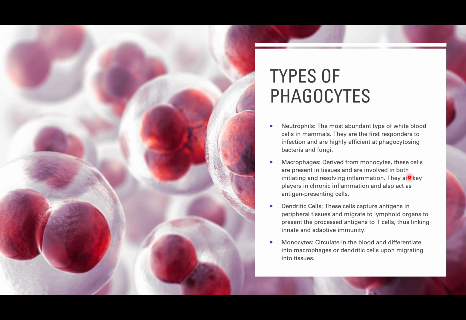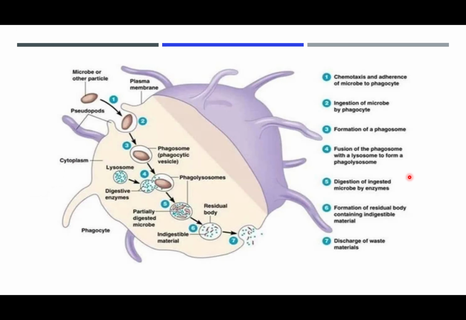The different types of phagocytes: we looked at neutrophils before. Macrophages are derived from monocytes within the tissue, and they produce the response of inflammation, etc. We also have dendritic cells in peripheral tissues, which are used for adaptive immunity.